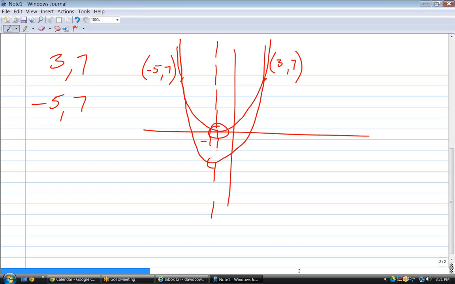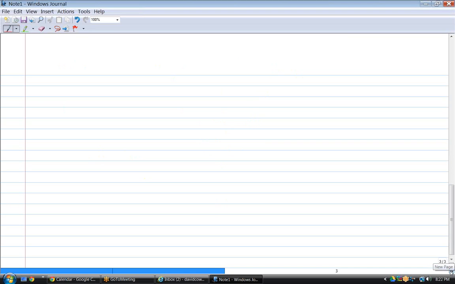Both of them have different vertexes, at least different y-coordinates of the vertex. They have the same x-coordinate. And the x-coordinate of the vertex is always the same as the line of symmetry. x equals that line. In other words, x equals -1 is the axis of symmetry. What else?